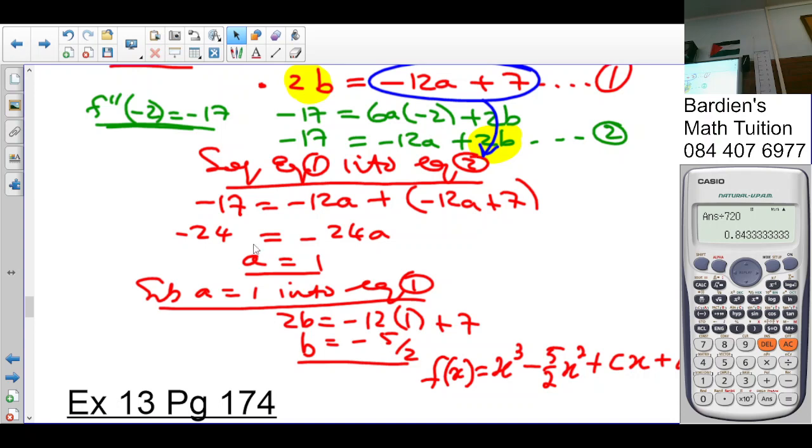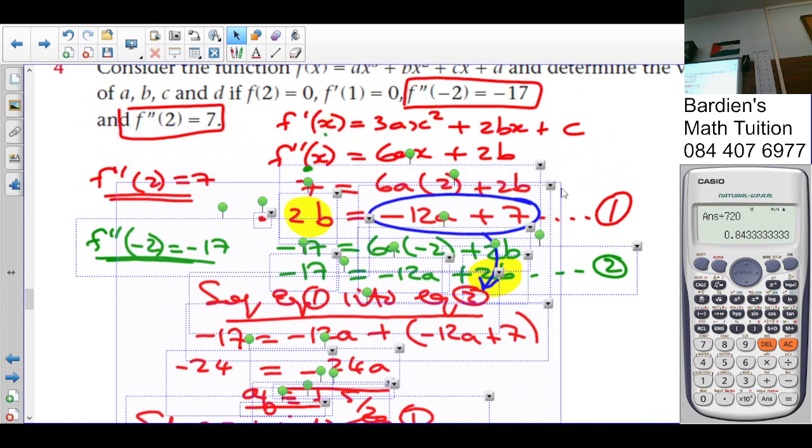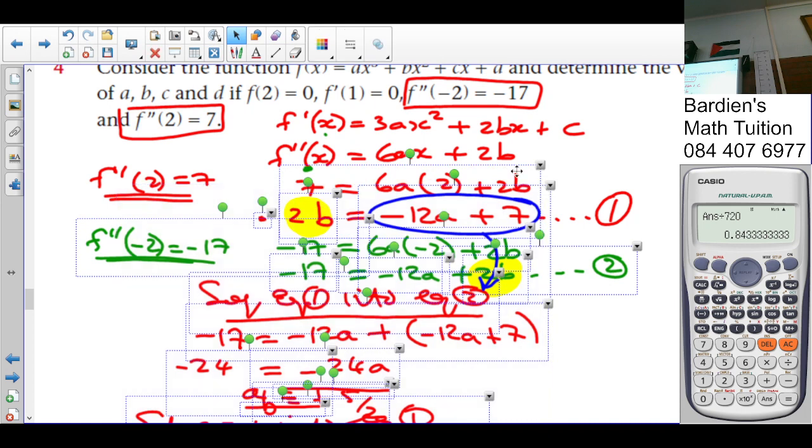Now with that information, I'm going to take this off so I can keep the information of the sum itself in focus.